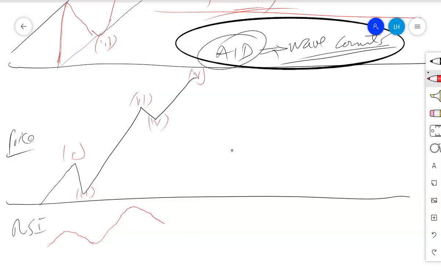If I label this as the first wave, the pullback will be the second wave, and then where will I find the third wave? Because you can find something in the market that looks like the third wave, but how will I confidently label a particular wave as the third wave?